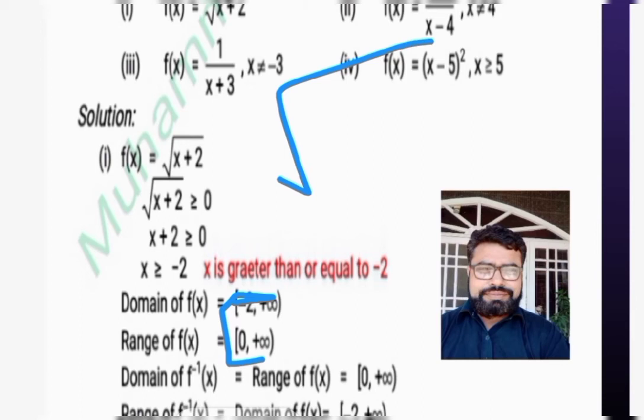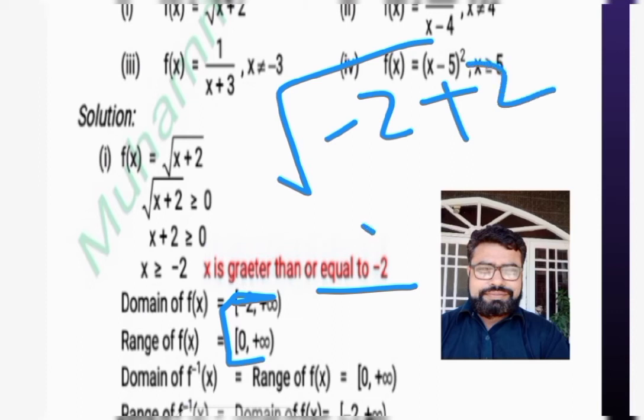If we put minus 2 here, minus 2 plus 2, that will be 0, and we have to put a square bracket as there is a symbol of equal.